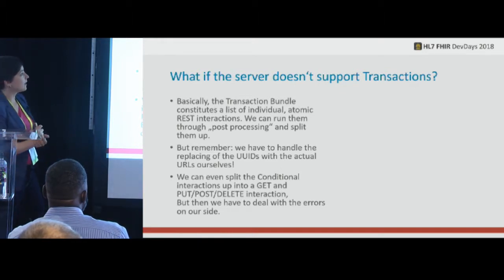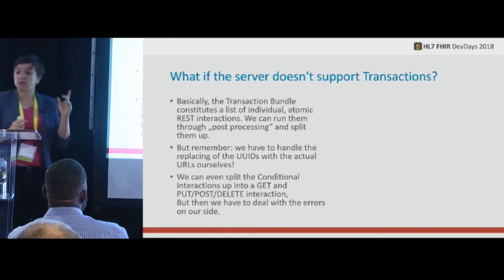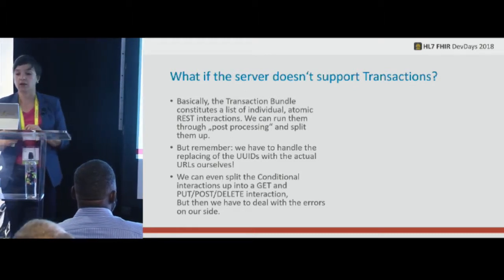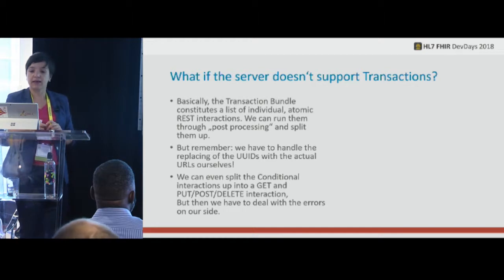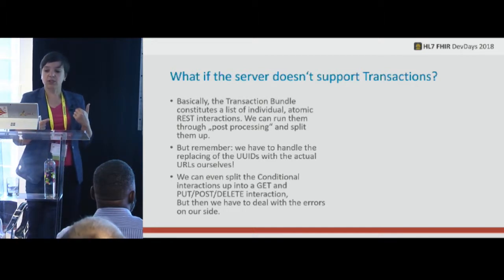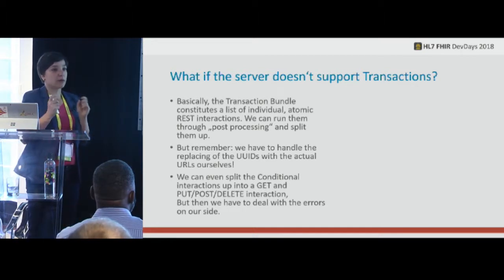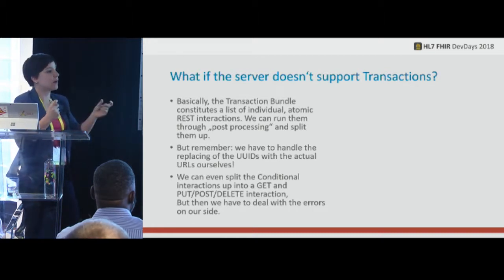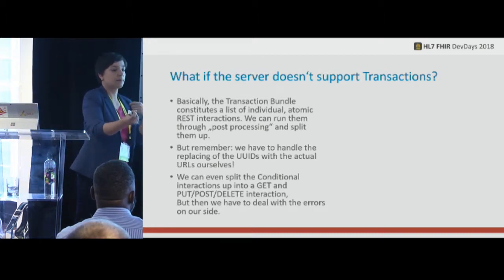So in this case, there's one solution that we actually implemented and tested in one connectathon, and it worked pretty well: it's pretty easy to write a script that emulates the transaction and splits it up into the individual operations that it would actually have to do.